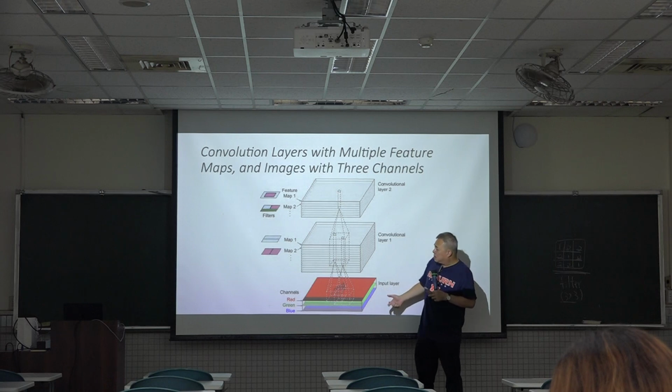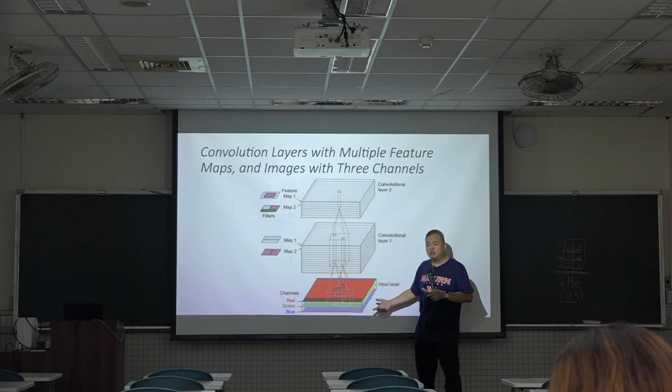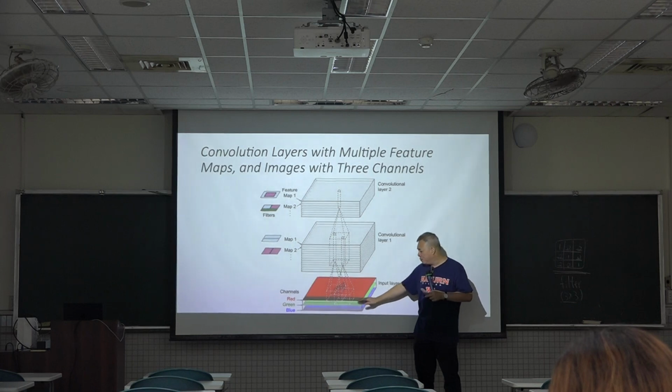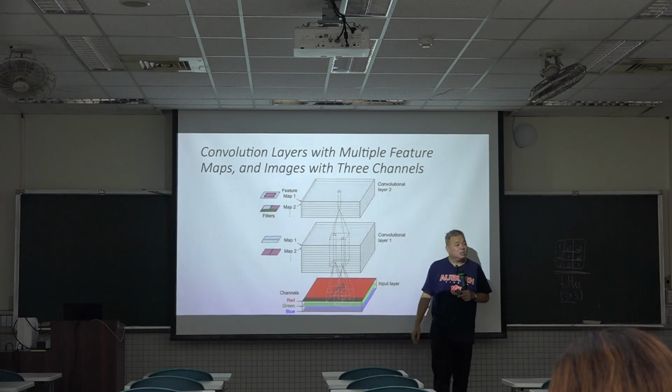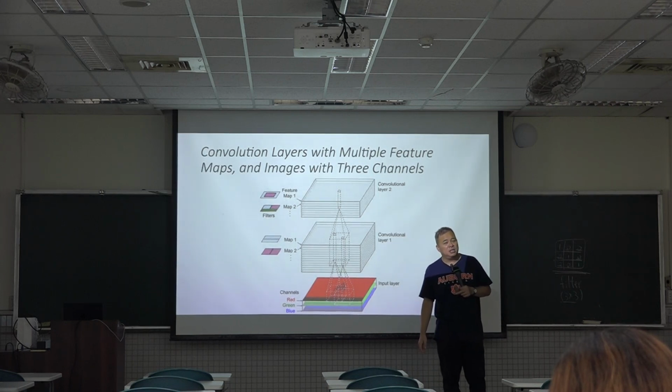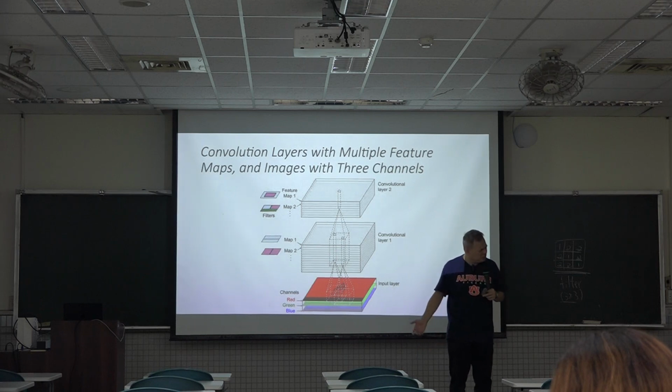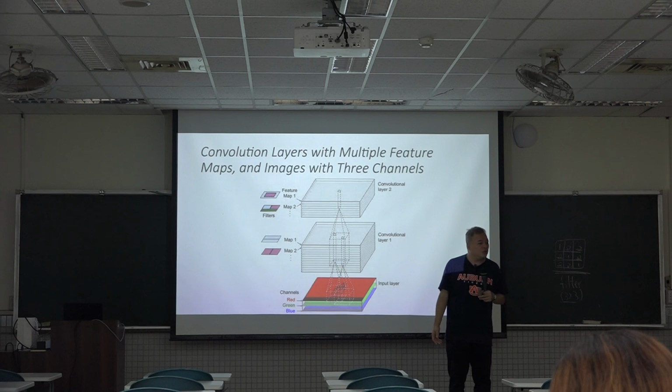And you may wonder, wait, how come the input is something like this? Shouldn't we just have one input? Because normally, if the input is an image, unless it's a grayscale, then it's just one layer.